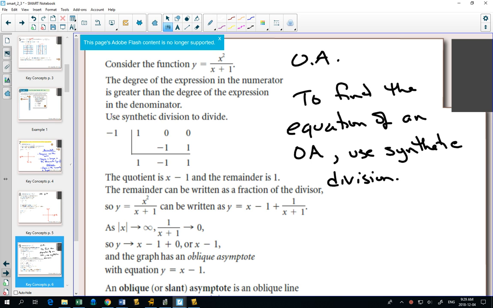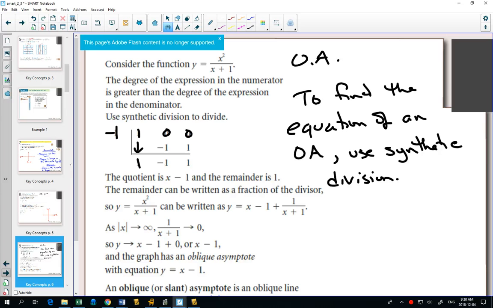You actually divide them. How do we divide x squared by x plus 1? Well, I would have 1x squared, 0 x's, and 0 constants. I'm dividing by x plus 1, so you remember we put the opposite sign on the outside of synthetic division. You bring the first number down, then you multiply.